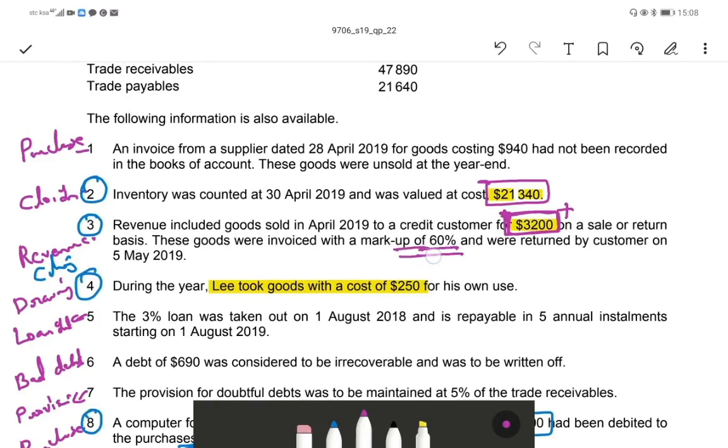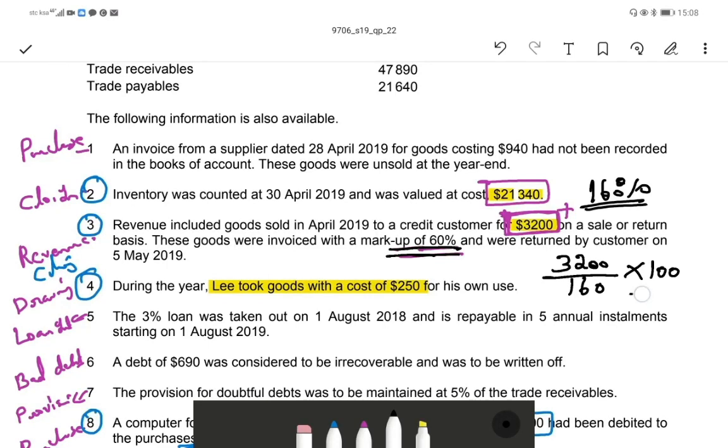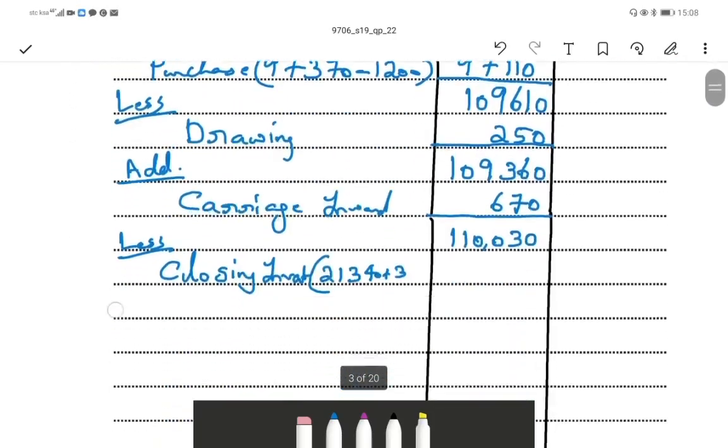The markup means selling price will be 160 percentage. So we have to find the cost of 3,200. So 3,200 divided by 160 multiply 100, because the selling price is after added the markup 60. So that amount, we have to convert into 100. So it becomes 2,000. So we add 2,000 only here.